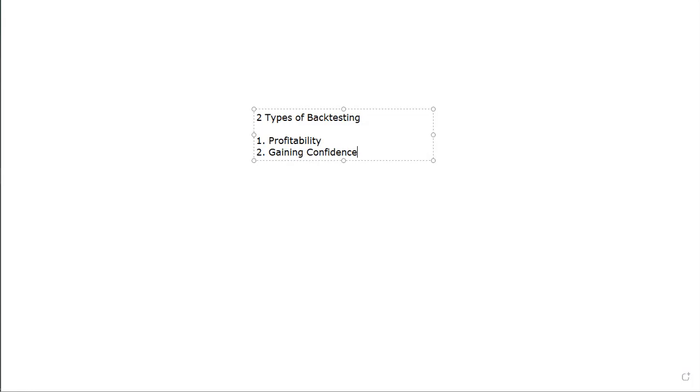Now, when I look at backtesting as a whole, regardless of what type of backtesting you're going to do, I've broken it down into three specific groups of activities, or things that you need to do in order for your backtesting to be effective.